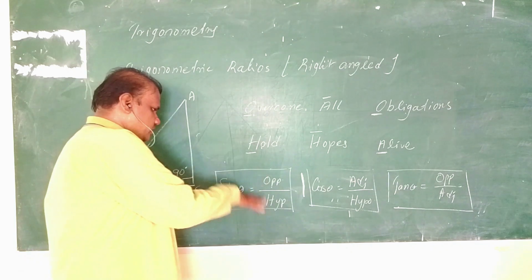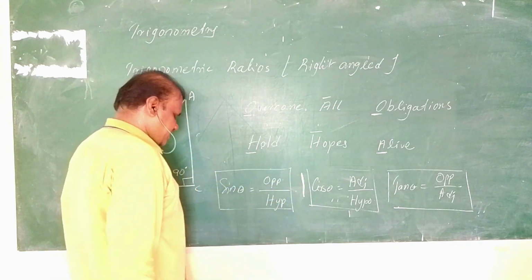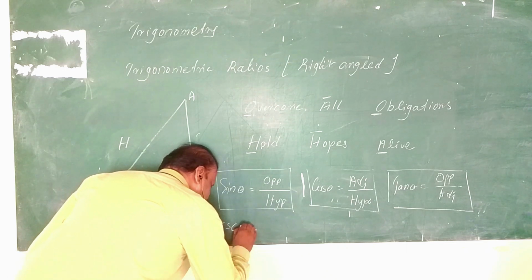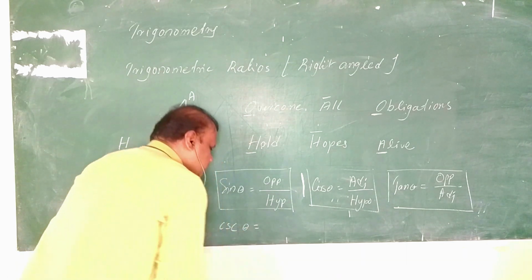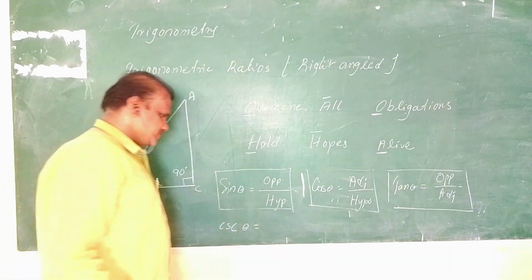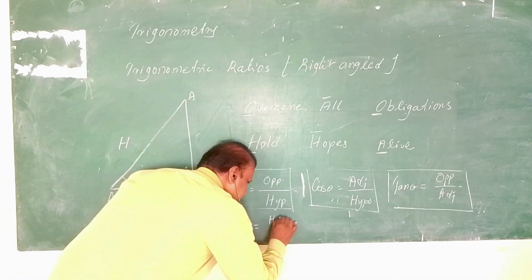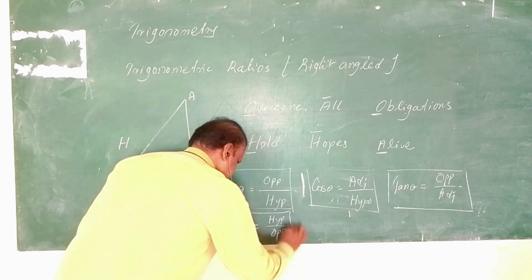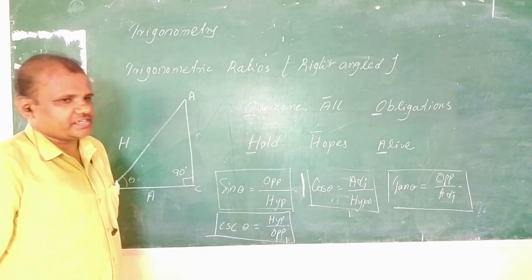If you are able to identify these three trigonometric ratios, then you can easily write the definition of the remaining three, which are the reciprocals. Cosec theta is hypotenuse divided by opposite side, the reciprocal of sine.